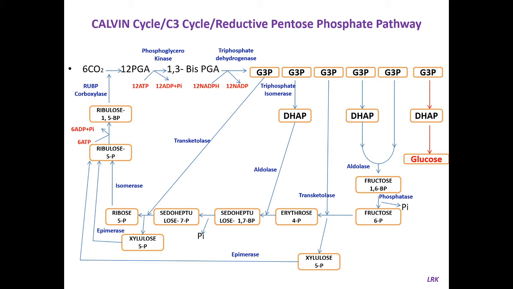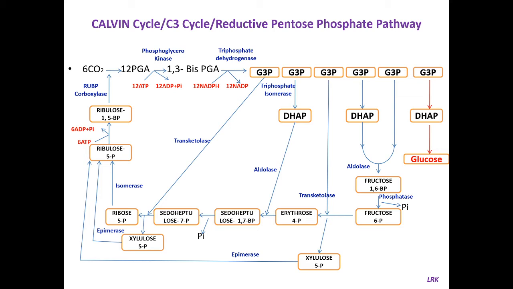Okay. So PGA is phosphorylated by ATP formed in photophosphorylation. It results in the formation of 1,3-bisphosphoglyceric acid and is catalyzed by phosphoglycerokinase.